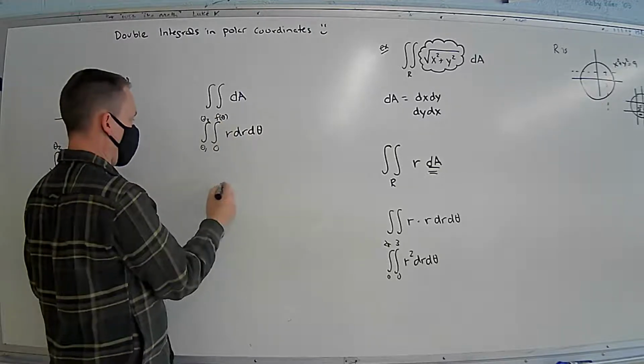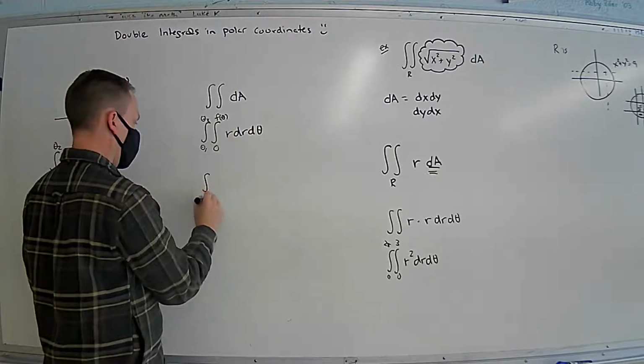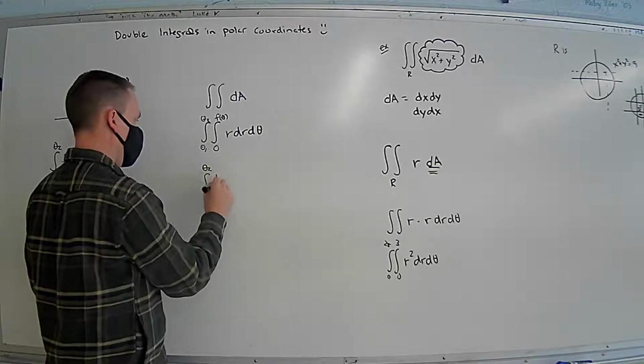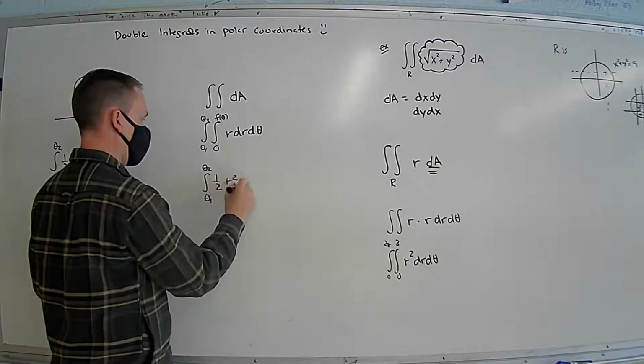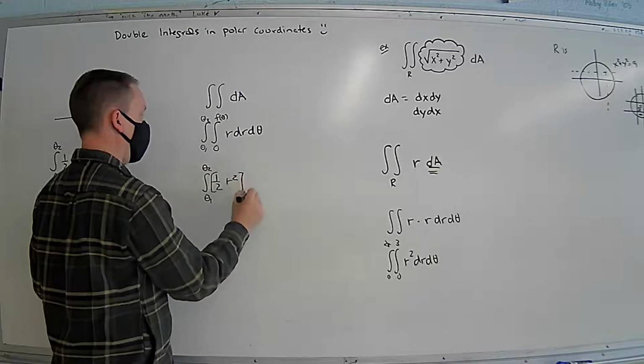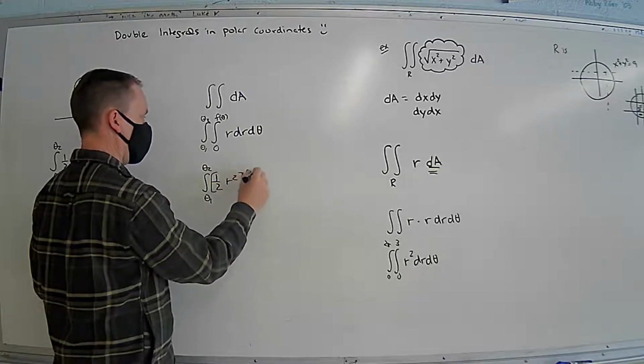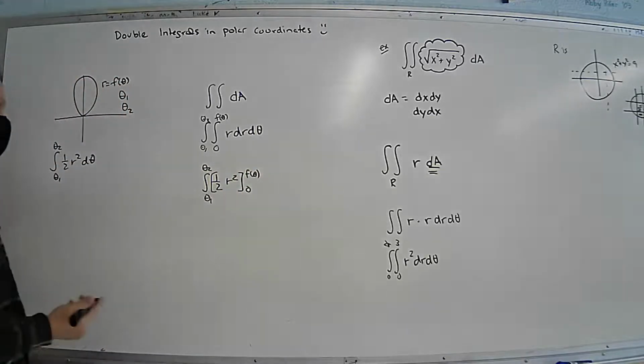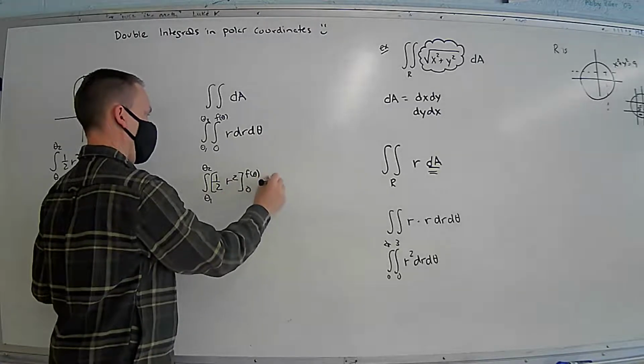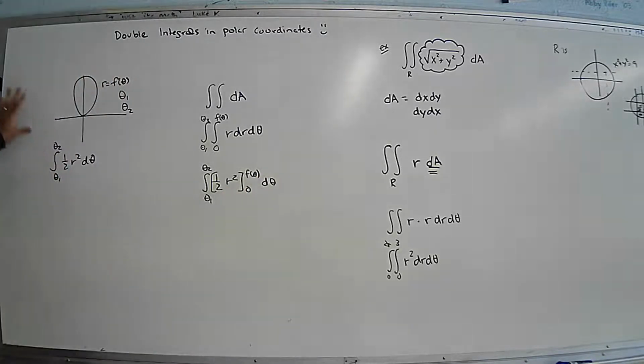And then when I integrate this, I get the integral from theta 1 to theta 2 of 1/2 r squared, evaluated from 0 to f of theta. Guess what? It's exactly what we had over there. Now, when we did this last year, we developed this formula a totally different way. Well, not quite a totally different way, but kind of a different way.